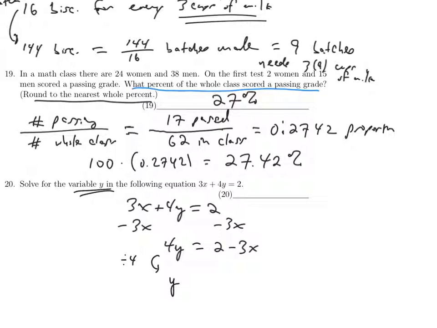And so on the left-hand side, I'd have a y, and on the right-hand side, I'll have just 2 minus 3x divided by 4. And that's all you have to do. There's no reason to simplify this. When we do have a use for this kind of process, we will rewrite this in another form to simplify it. But it's because there's a specific purpose for that simplification. In this problem, there's no reason to prefer this form over any other form. So this would be my final answer. Whatever I get here is my answer.